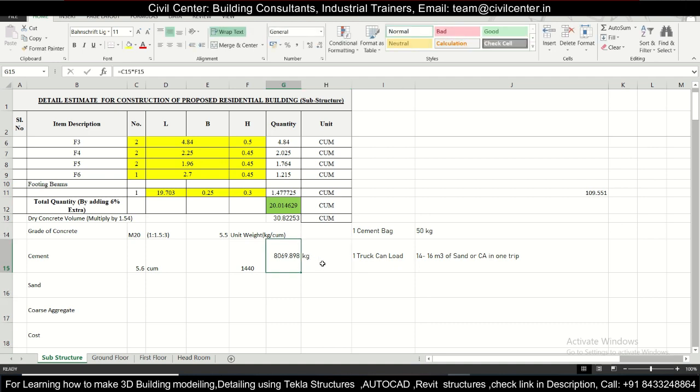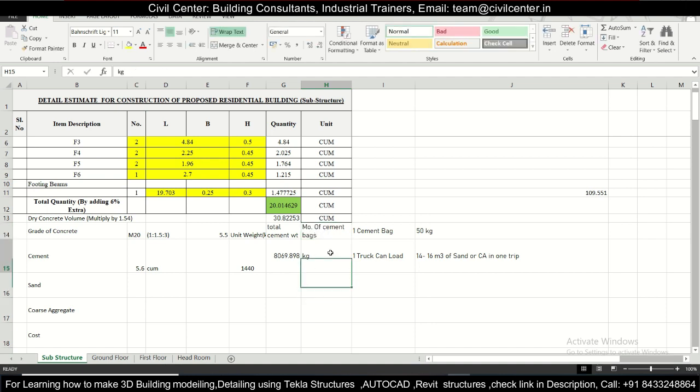So now if we want the number of bags of cement used, here we can write total cement weight, and here let's write number of cement bags.